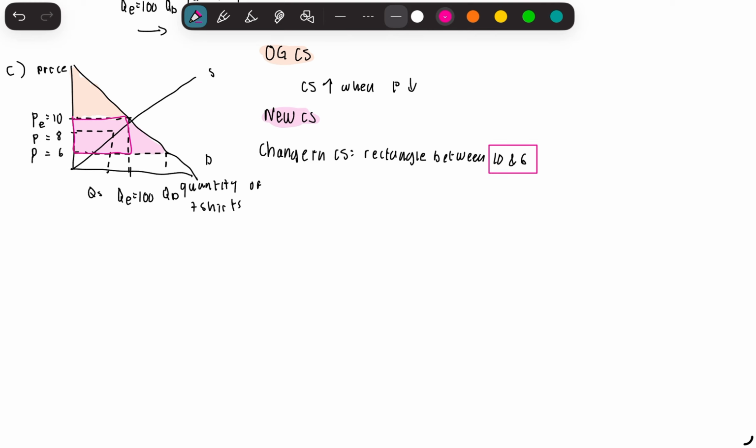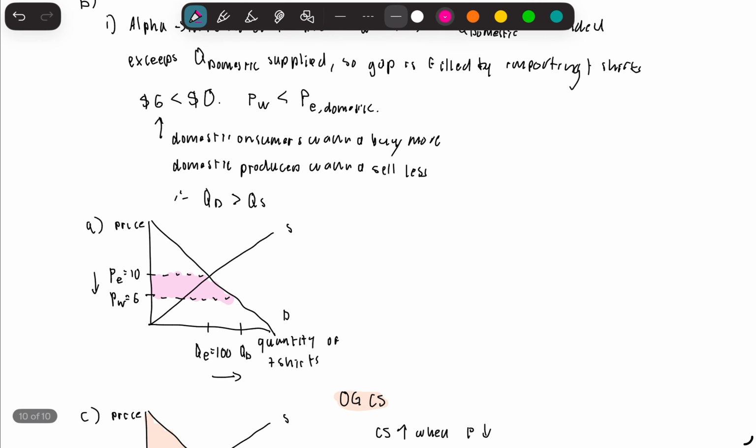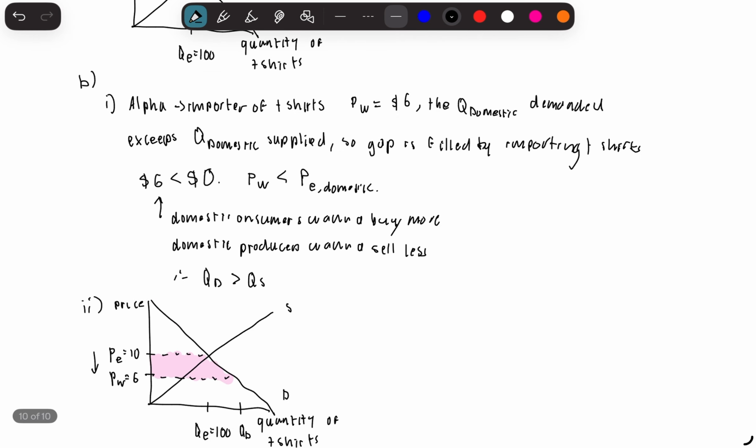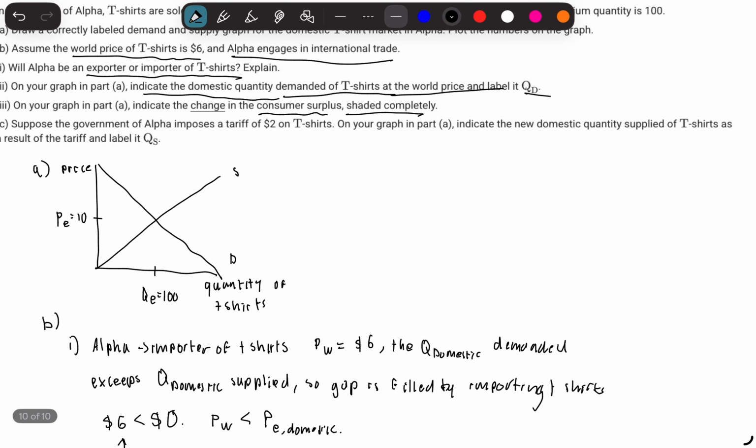Also, this little triangle created by the expanded consumption. So we're talking about this region. Now, let's move on to our next part. Okay, this is actually part 2, and then this is part 3. But now let's move on to part C.